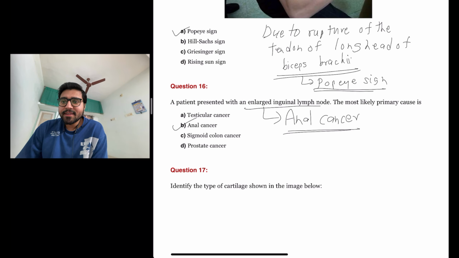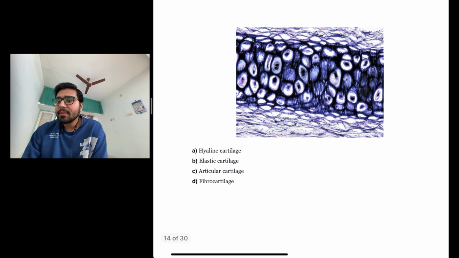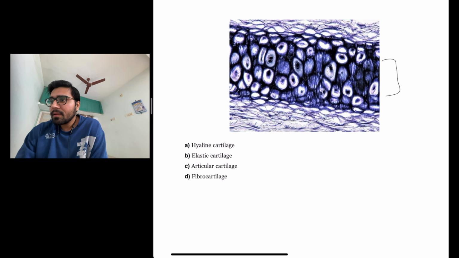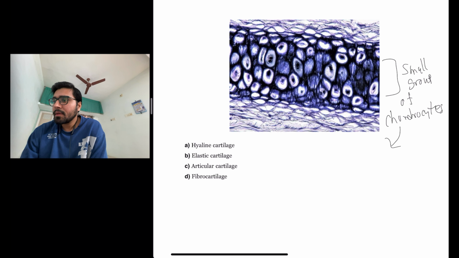The next question is: identify the type of cartilage shown in the image below. So this cartilage contains small groups of chondrocytes which are surrounded by type 2 collagen fibrils.